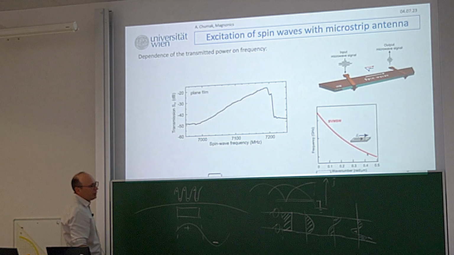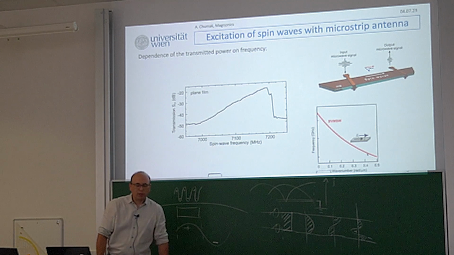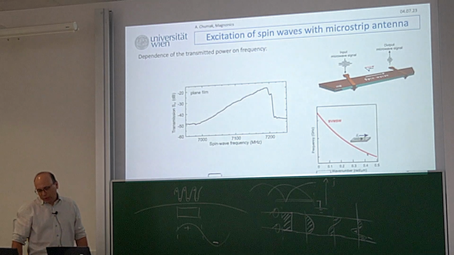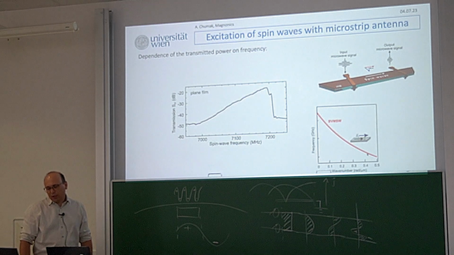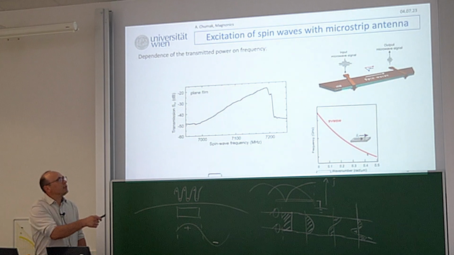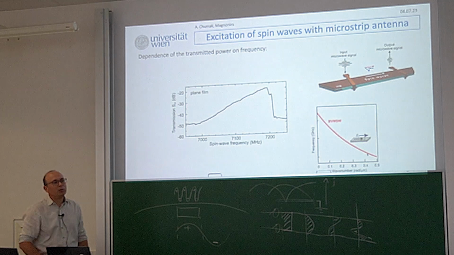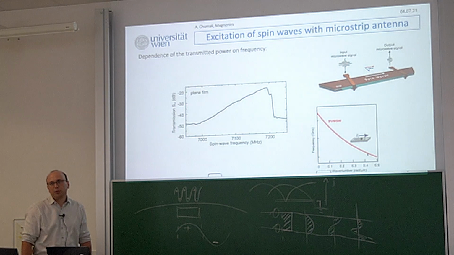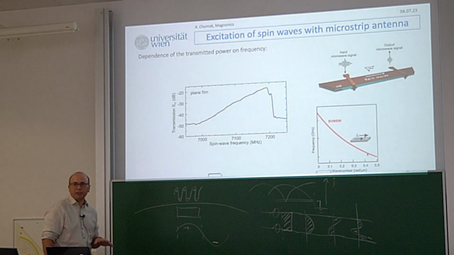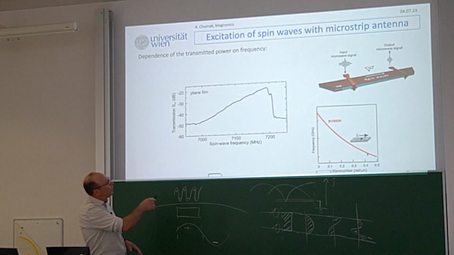And then you just divide by 2, so it means 6 dB. 6 dB will be our excitation efficiency for one antenna. So 6 dB is 4 times. It means that for the excitation efficiency of this antenna, around 25% of energy goes into spin wave energy, and 75% does not. This is a very rough estimation, simply based on this value.